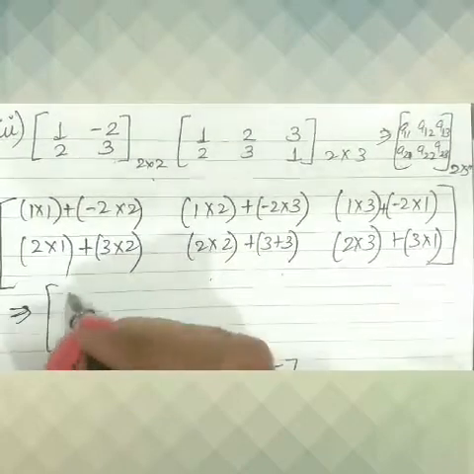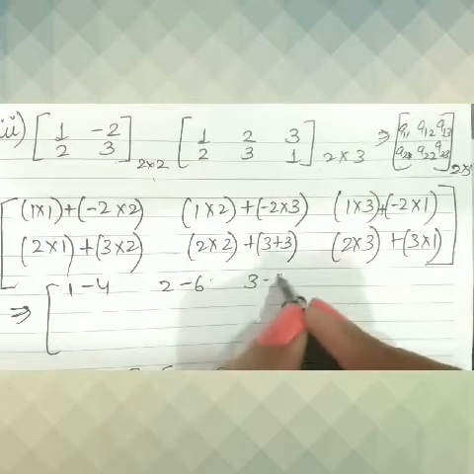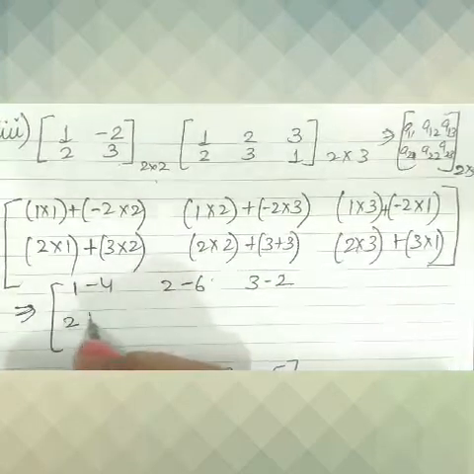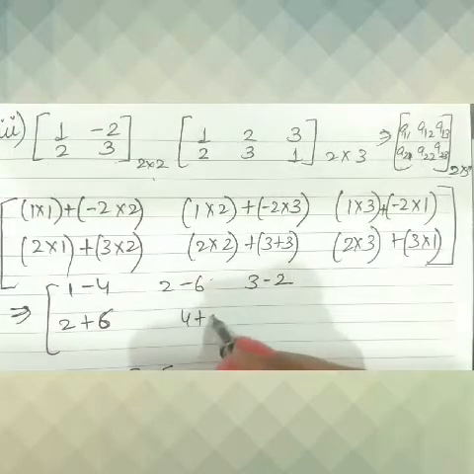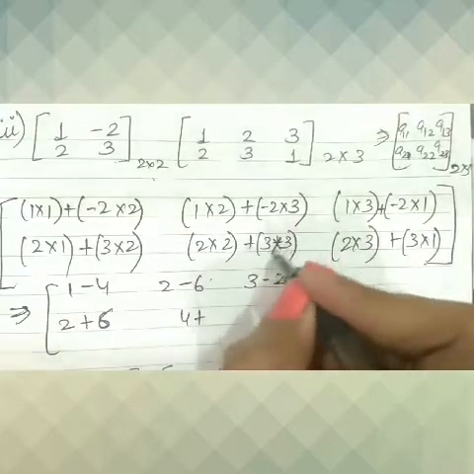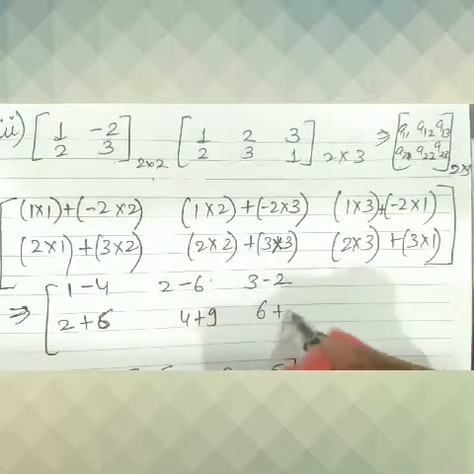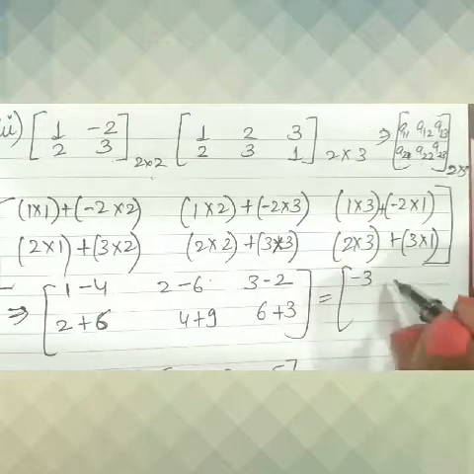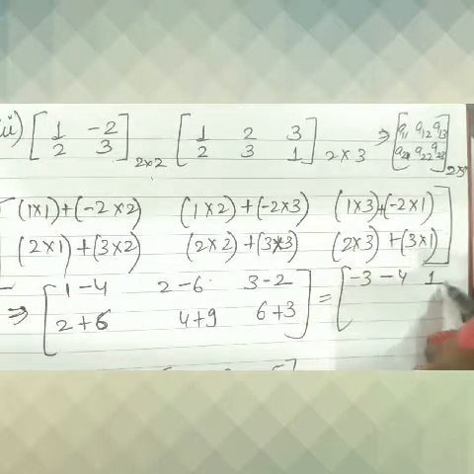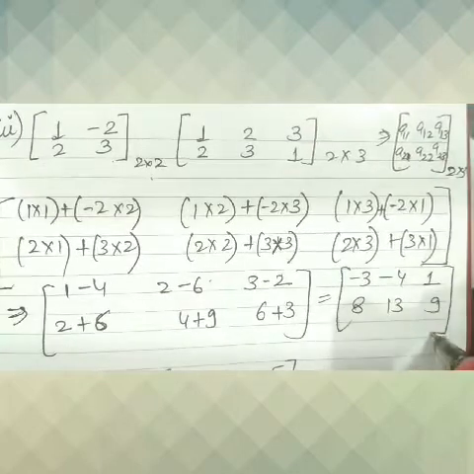Our answer will be 1 minus 4, 2 minus 6, 3 minus 2, 2 plus 6, 4 plus, here the symbol will be of multiply, 4 plus 9, 6 plus 3. Answer will be minus 3, minus 4, 1, 8, 13 and 9.